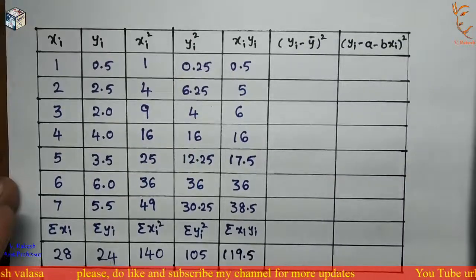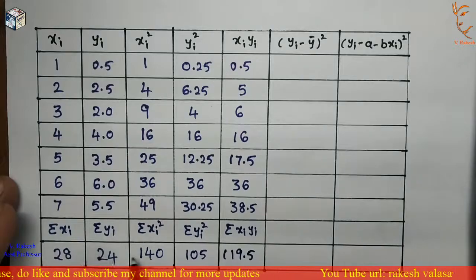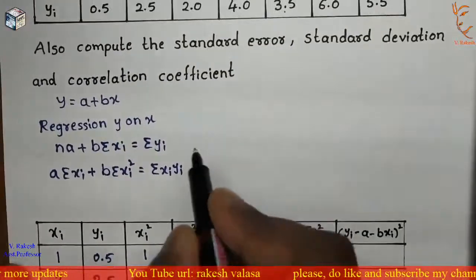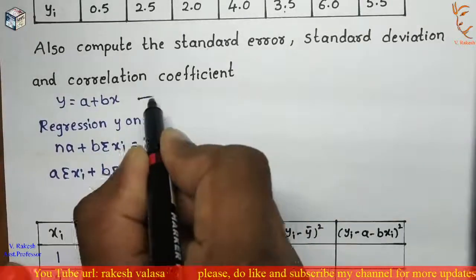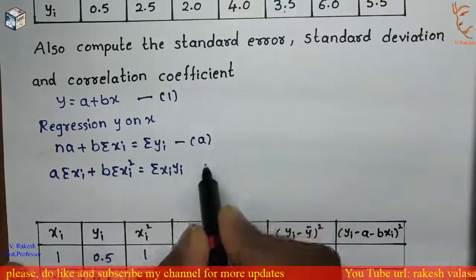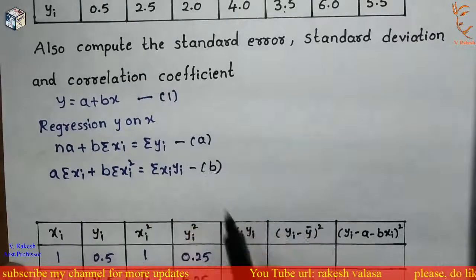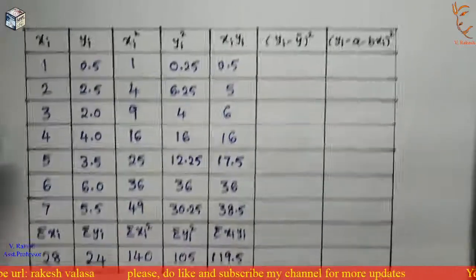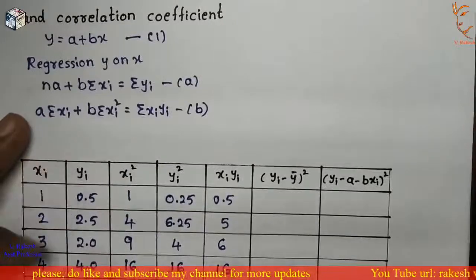Now substitute these values in the normal equations, that is, this equation is 1, this is a, this is b. See here, now substitute these values in this equation for a and b.